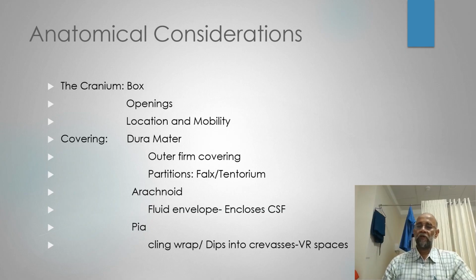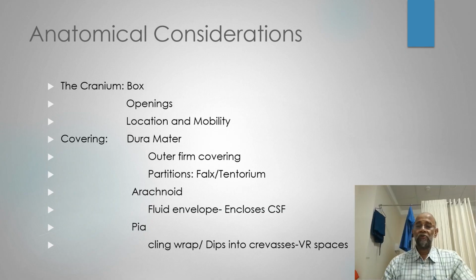It has a firm outer covering which is adherent to the periosteum, and an inner layer which actually provides partitions. These folds include a central vertical fold called the falx cerebri and a horizontal fold, the tentorium cerebelli. These partitions have venous sinuses within their folds.